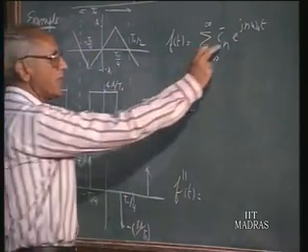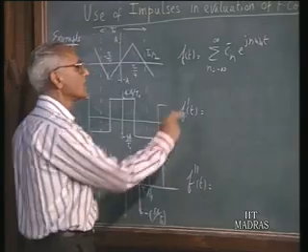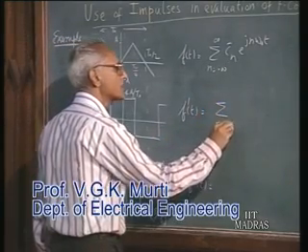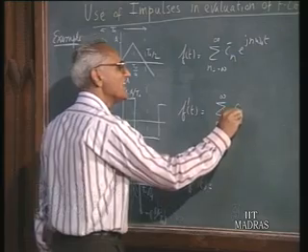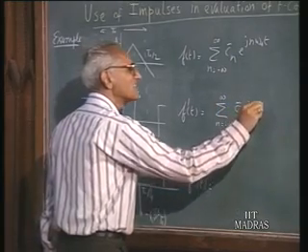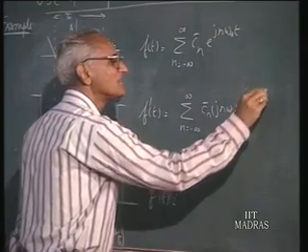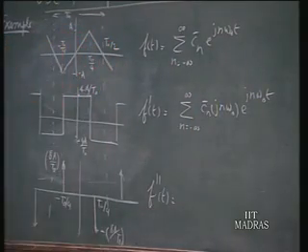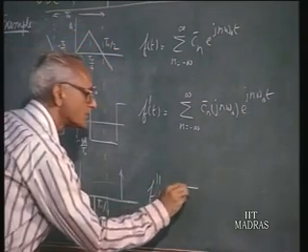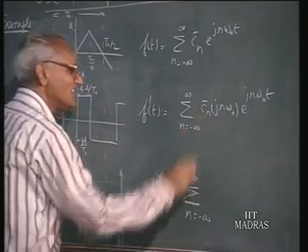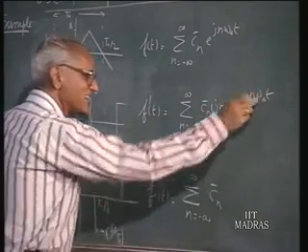So if f of t has this Fourier series, f prime of t, assuming that we can differentiate under the summation sign, will be Cn times jn omega naught e to the power of jn omega naught t. If you differentiate again, it will be Cn, again the derivative of this.